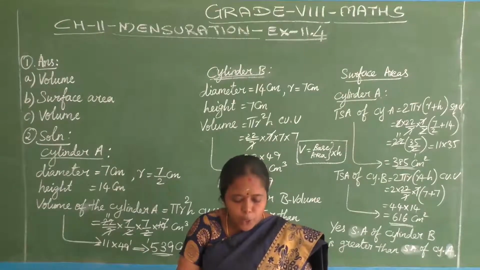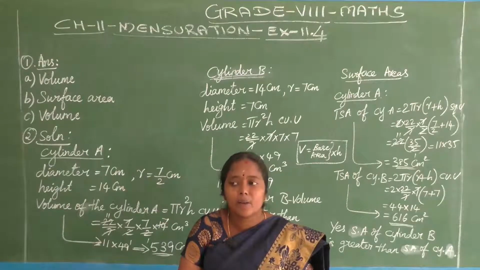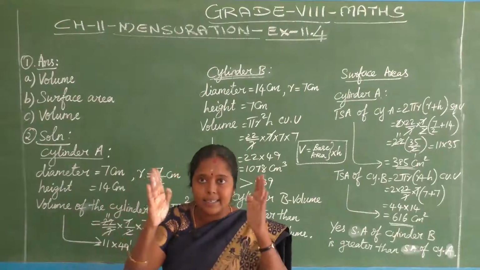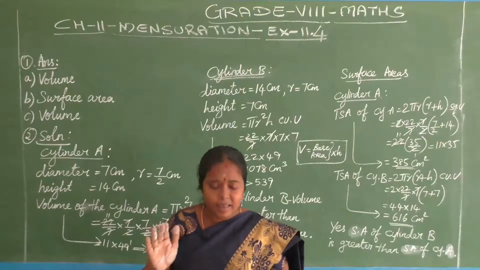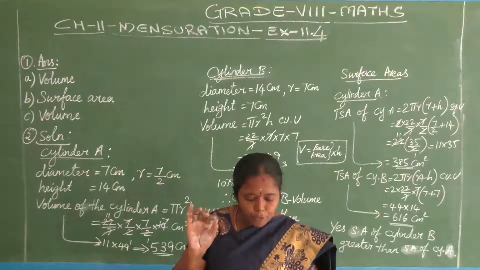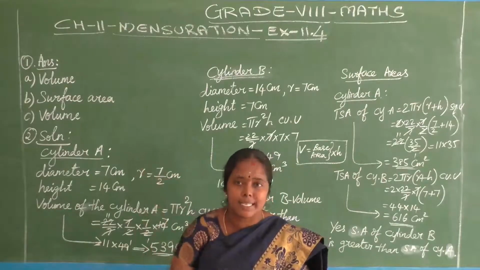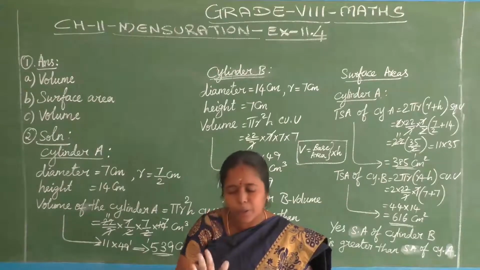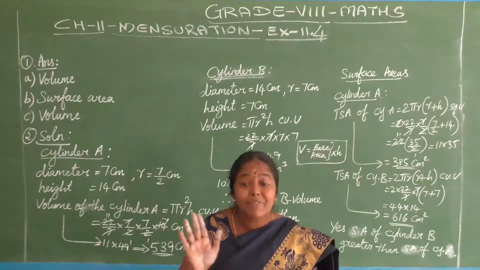First situation, to find how much it can hold. There is a given cylindrical tank. Here the first question they told is to find how much it can hold. What is the capacity of the cylinder? Already I told, volume and capacity do not give different meanings.